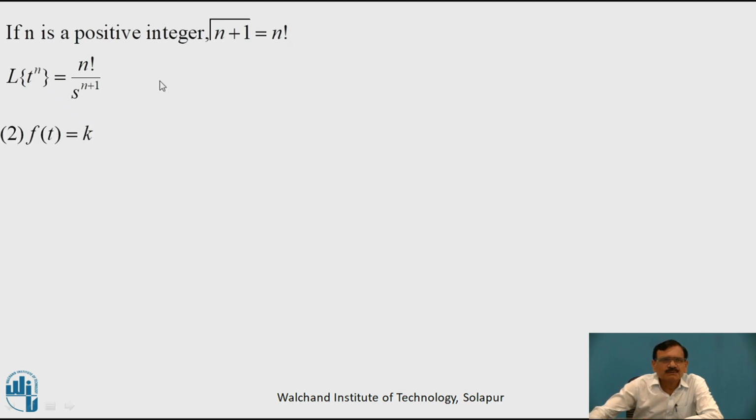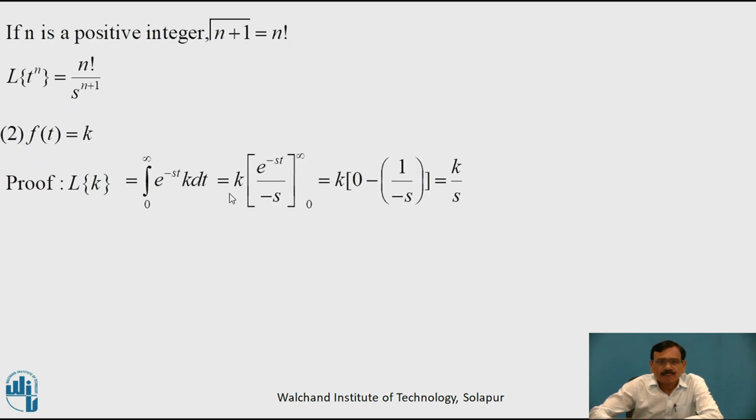Now, second function, we take constant f of t equal to k. By using the definition, Laplace transform of k is equal to integration from 0 to infinity e raised to minus st k dt. Here k is constant, and integration of e raised to minus st is e raised to minus st upon minus s with the limit 0 to infinity, which is equal to k into, as t tends to infinity, e raised to minus st tends to 0.